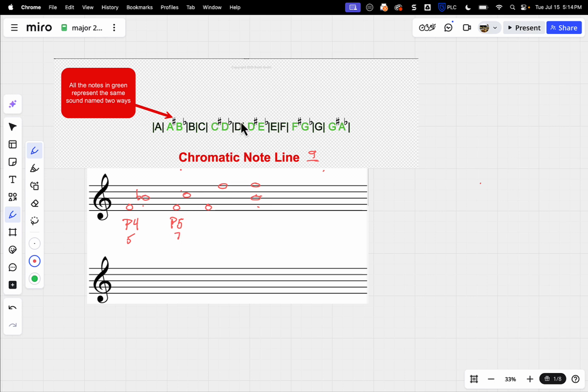So we go from F, 1, 2, 3, 4, 5, 6, 7, okay? So notice here when we put the B flat on the bottom, this is B flat to F, 1, 2, 3, 4, 5, 6, 7. So a perfect fourth, forgive me, when inverted, becomes a perfect fifth, and that's why they call them perfect intervals.